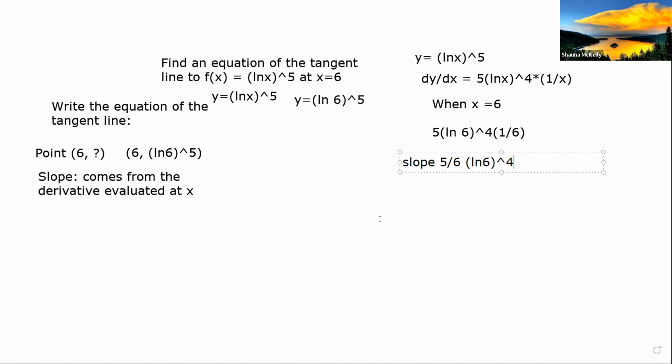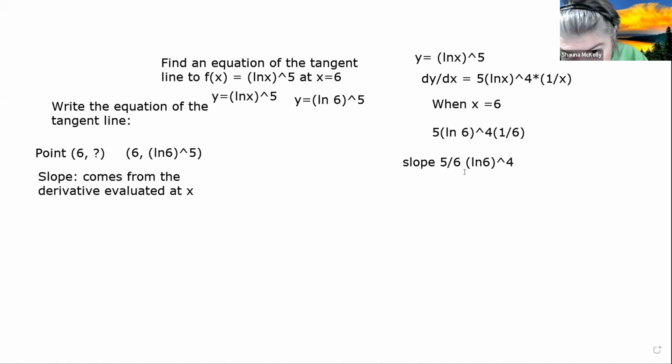Now, that was not a problem. The problem was when I tried to bring this down. And now we do have a rule of logs that allows us to do that, but it only does that if this ln is not part of the parentheses. In other words, if the 4 were only raising the 6, then I could have done it.